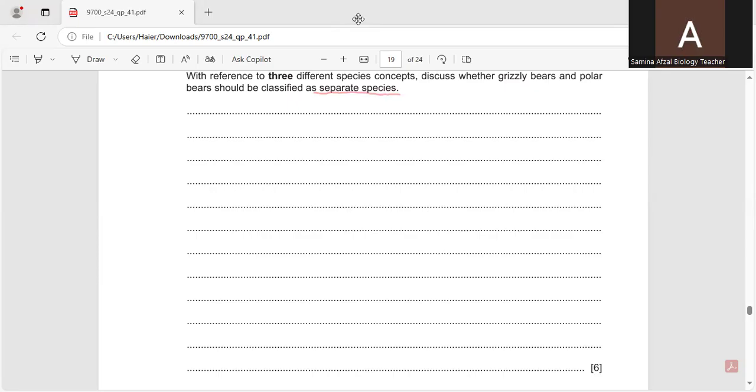The first concept is the biological species concept.